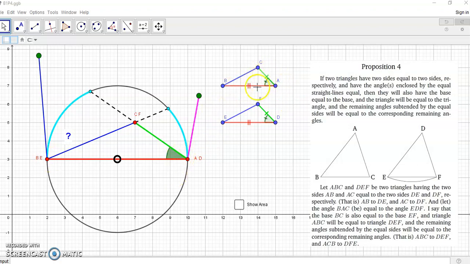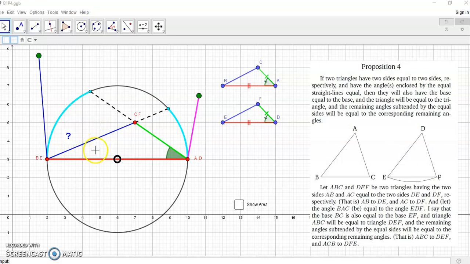You could take either the green or the red line and let it be a diameter of the circle. Then you could put both of these triangles, which have corresponding vertices AD here, CF there, and BE there, and you know that the green and the red are equal. Now you're wondering whether the blue will be equal.